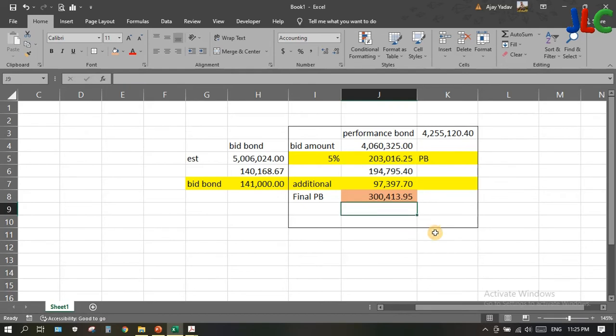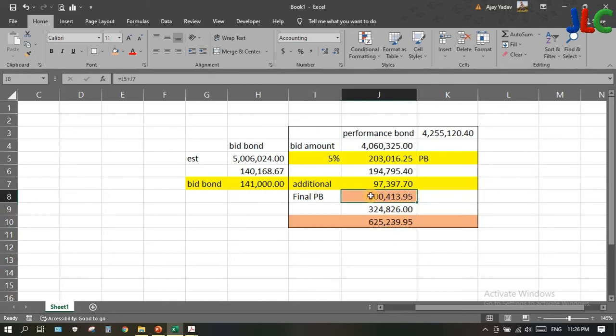Now if the office suspects there is front loading, then an additional 8% needs to be acquired from the contractor, and this would be the final bid amount, where we add the 5% PB, the additional PB, and 8% for front loading.